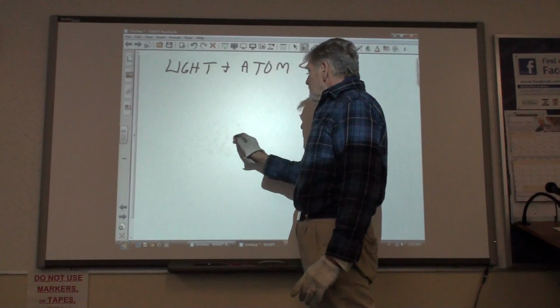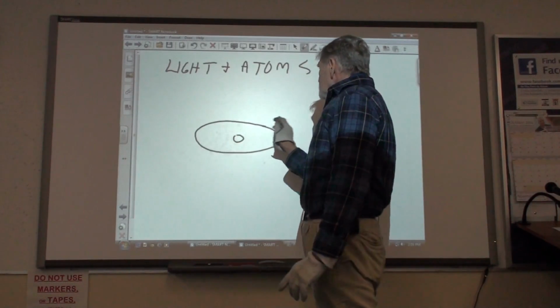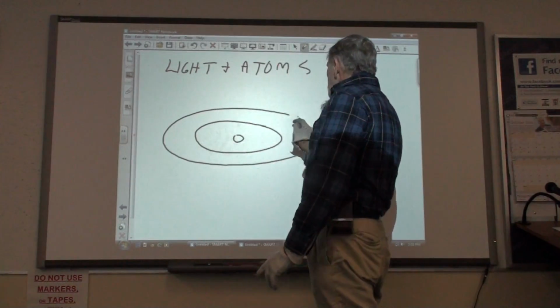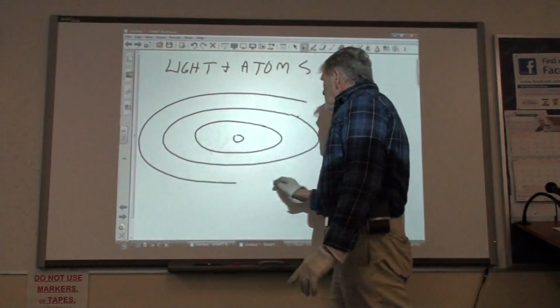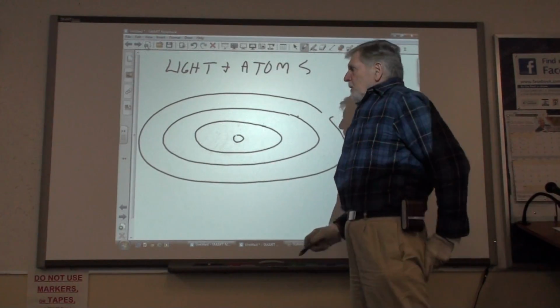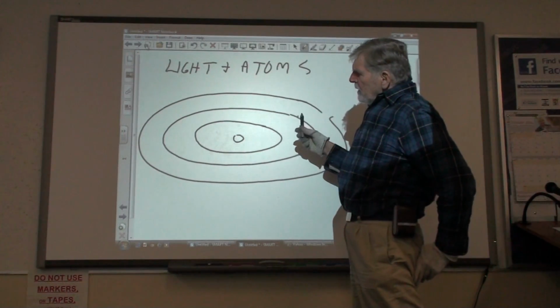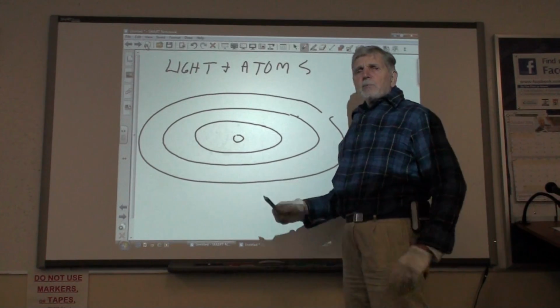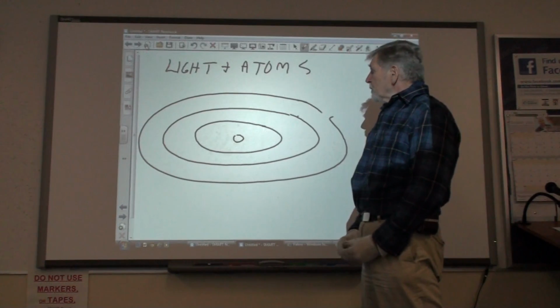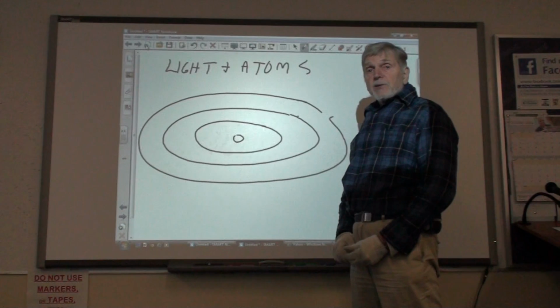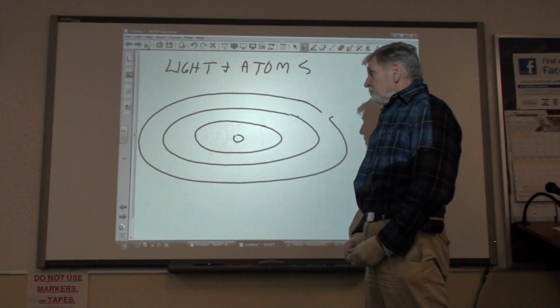An atom consists of a nucleus, and let's say that it has electrons that go in various orbits around the nucleus. Now, these electrons are in their normal configuration. That is, they are in the orbits that we call their ground states, the ones that they like to be in.